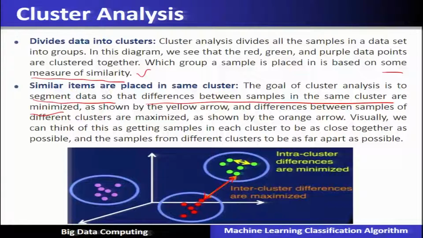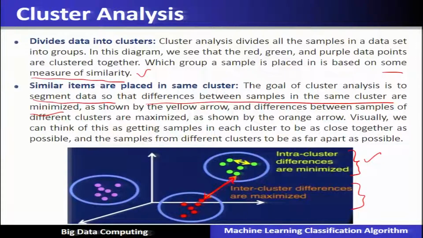So, that means in a nutshell we can summarize by saying that similar items are placed in the same cluster, that is, their intra-cluster differences are minimum, and across different clusters the inter-cluster differences are to be maximized.